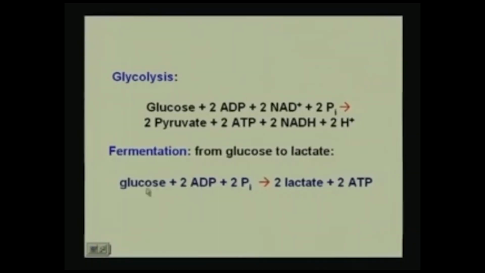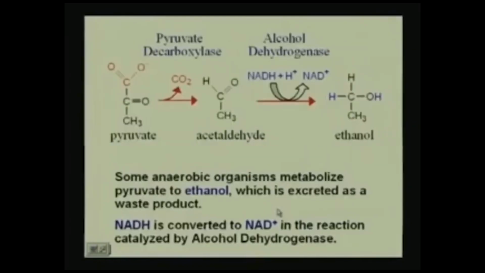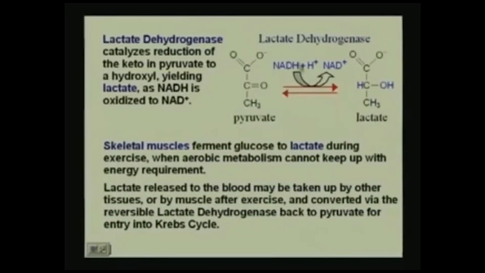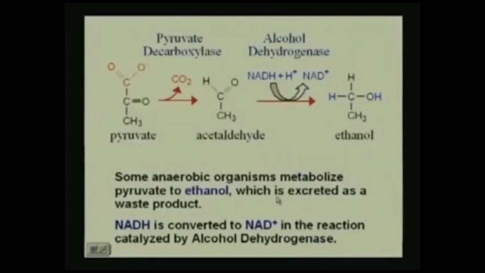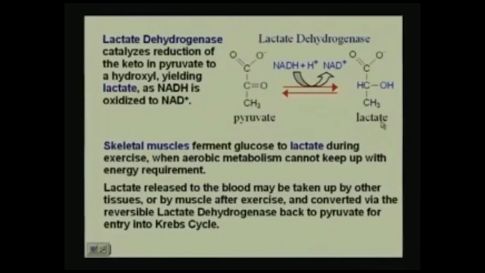Because remember, when we are forming the pyruvate to the lactate, if we just go back a step, this NADH, NAD+ does not come into the picture, right? Because if we look at this reaction, we had the NAD+ and the Pi here forming NADH, but the NADH is utilized in that pyruvate reaction to lactate.